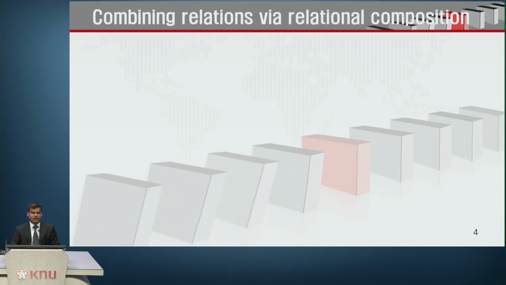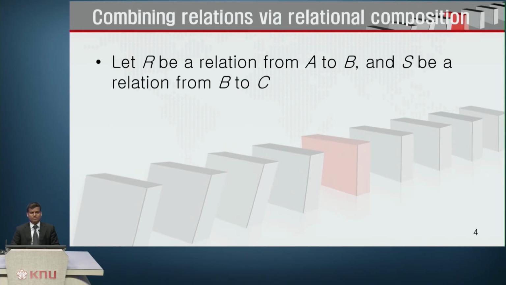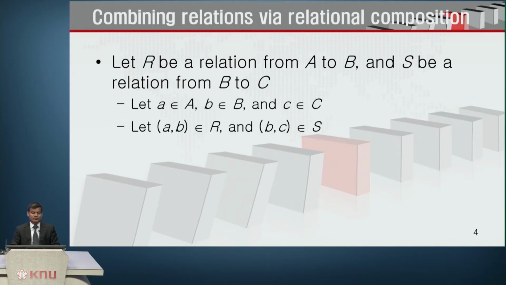Combining relations via relational composition. Let R be a relation from A to B and S be a relation from B to C. Let a be an element of A, b an element of B, and c an element of C. We can recall that small letters are the elements that belong to the sets, and here we talk about the relations again.